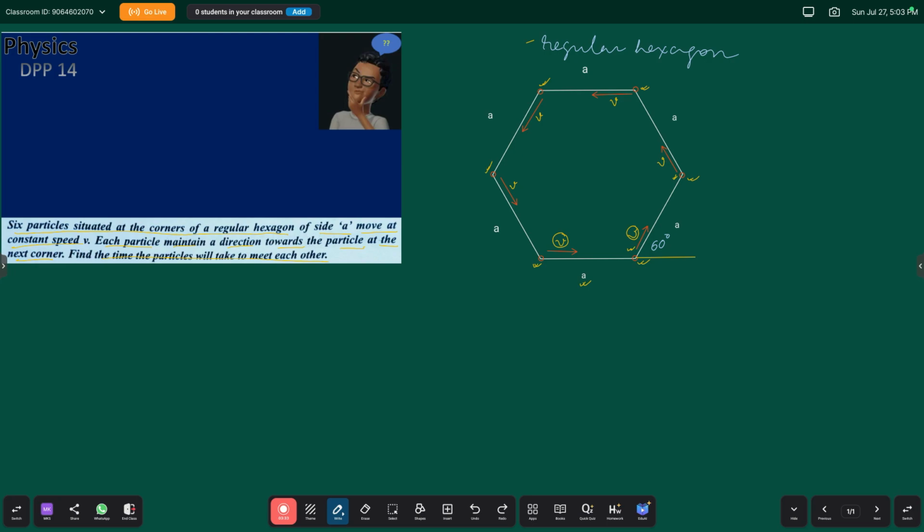So the component of velocity at this corner along this direction will be v cos 60 degree.